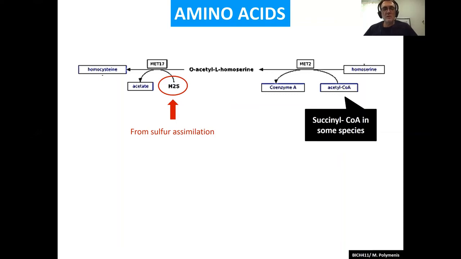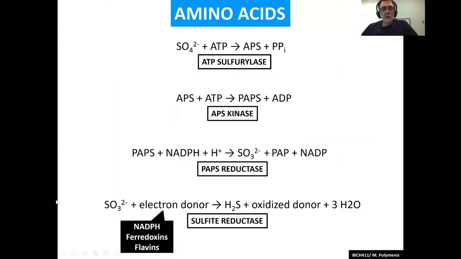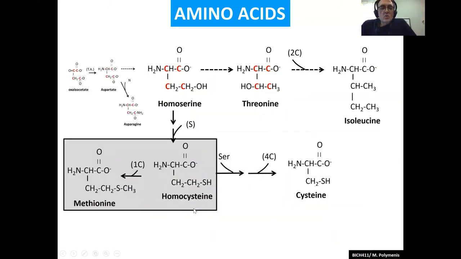If you go back to the previous lecture, after you start from sulfates, you eventually reduce and you get down to hydrogen sulfide, and now it can be assimilated in this reaction to make you homocysteine. And that was the last reaction in the sulfur assimilation that allows you to generate hydrogen sulfide with an enormous amount of reducing power. All right, so then you get homocysteine.